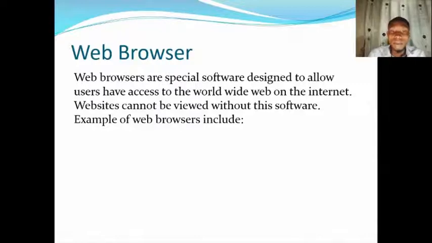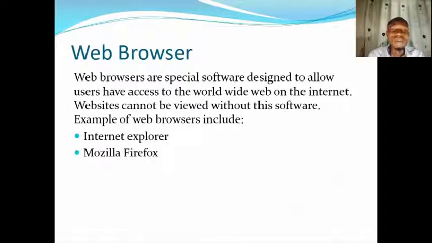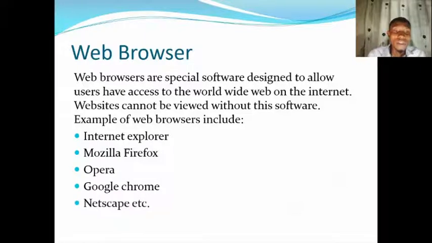Examples of web browsers include Internet Explorer, Mozilla Firefox, Opera, Google Chrome, then you have Netscape, and so on and so forth. So the web browsers are the ones that give you access to the internet. Without the web browser, you can't have access to websites, you can't have access to web pages. So that's for the web browser.